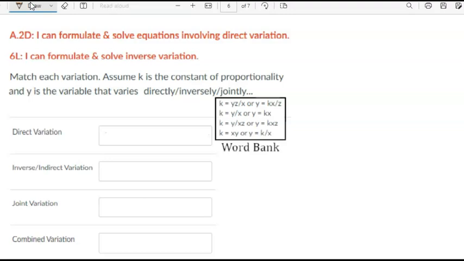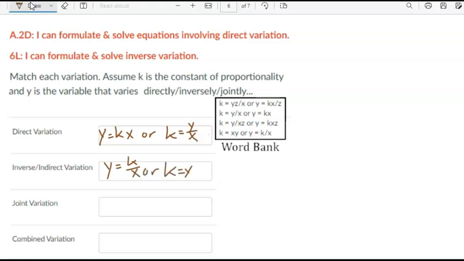Direct variation. The formulas for that would be Y equals Kx or K equals Y over X. Inverse variation is Y equals K over X or K equals X times Y. Joint variation is Y equals KXZ or K equals Y over XZ.